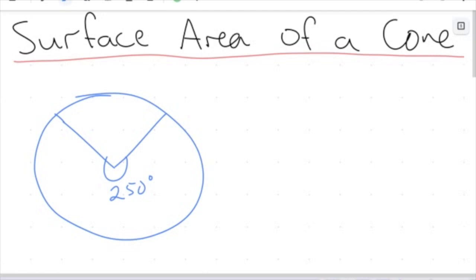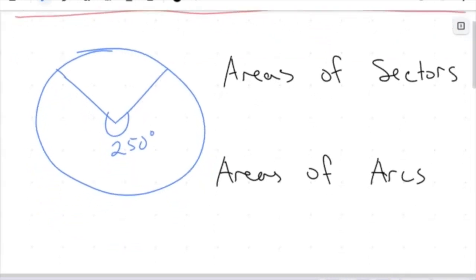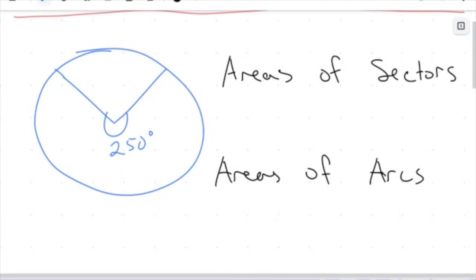Now, before we even get to this, I just want to do a quick little recap of something we talked about in a previous series, and this is how we can describe areas of sectors and areas of arcs. So, just a bit of a recap here because this idea is quite important.